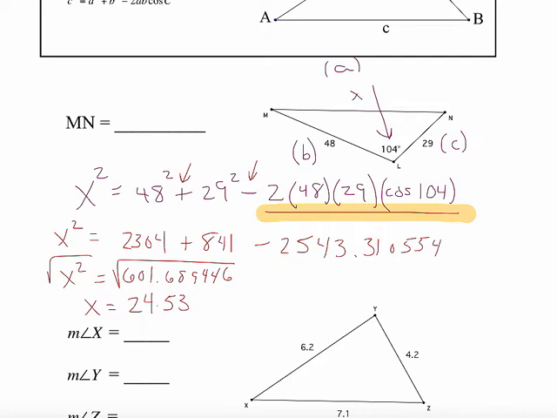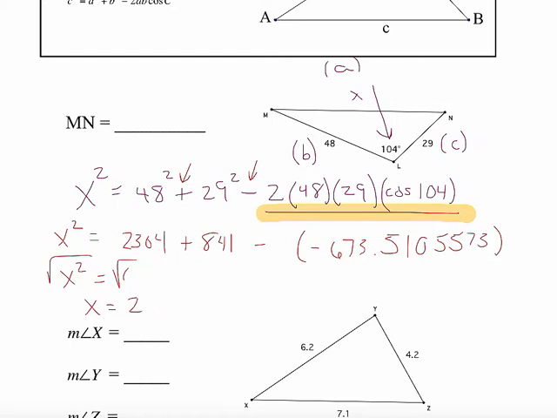And for whatever reason, this time I'm getting a negative 673.5105573. Now this is going to make a big difference. I don't know if I typed something in wrong, but that's the number I'm getting now. So now I need to go back and finish off my last 2 steps here. What's important to notice here now is I have this double negative between the 841 minus the negative 673.